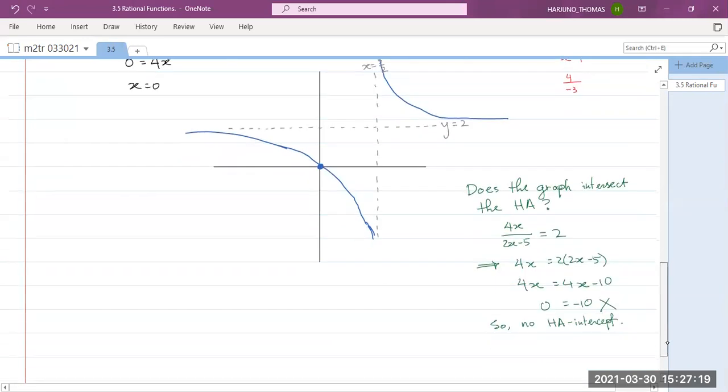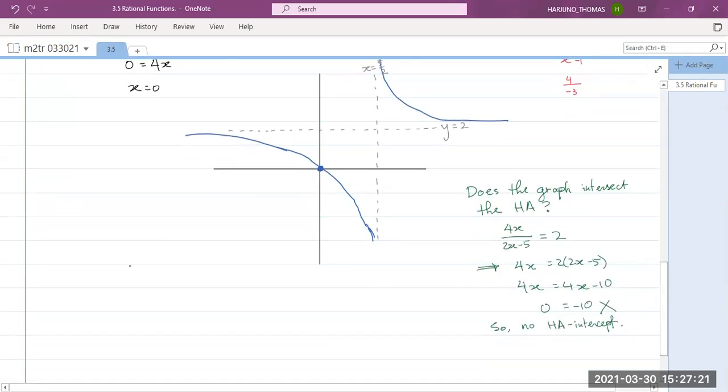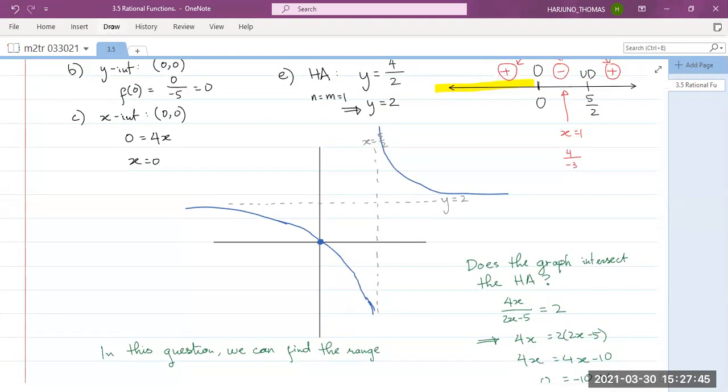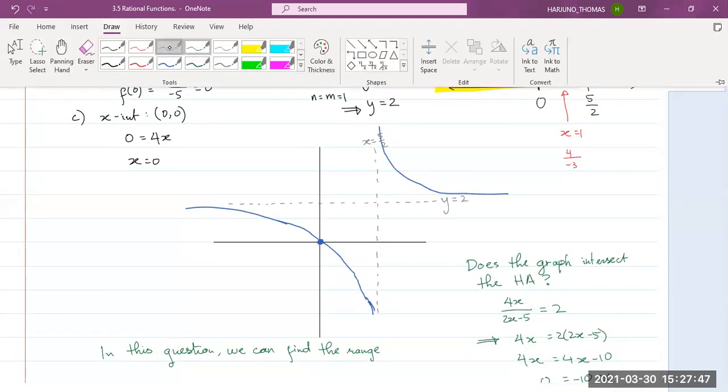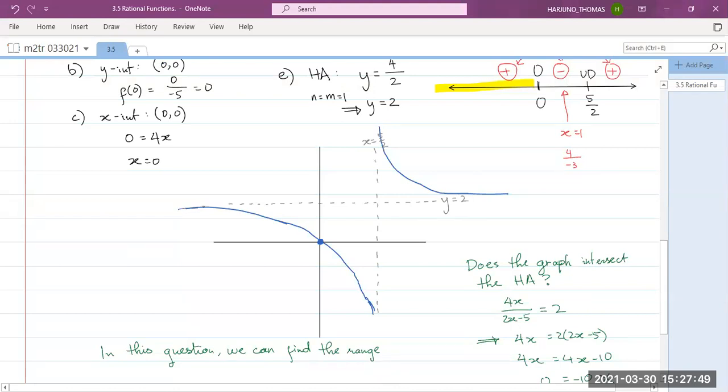Not all the time we can answer that question, but in this function, we can find the range. One way is by looking at the graph, right? It comes from very, very close to the horizontal asymptote, but not touching it.